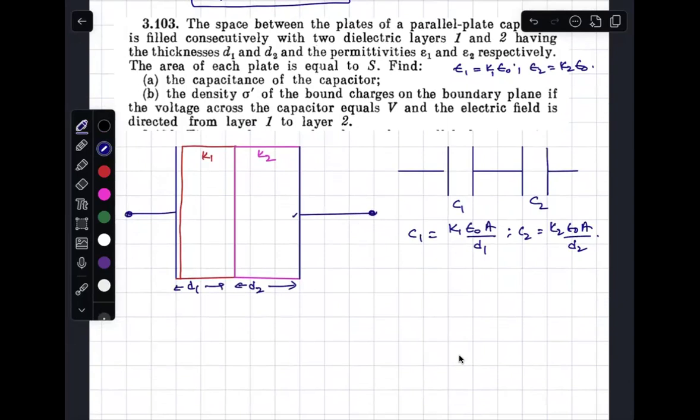So they are in series. So effective capacitance is C1 C2 by C1 plus C2. Here epsilon naught A will become common and that will become K1 by d1 times K2 by d2 divided by K1 by d1 plus K2 by d2, right?